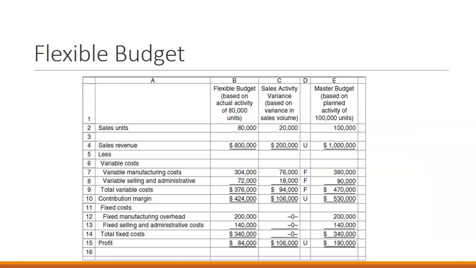This example then shows us what a flexible budget would look like based on those 80,000 units of activity. Then we can compare the actual budget to the flexible budget and get a better idea of, if we had planned for the sales of 80,000 units, what would our results have been and what are the variances from those results.